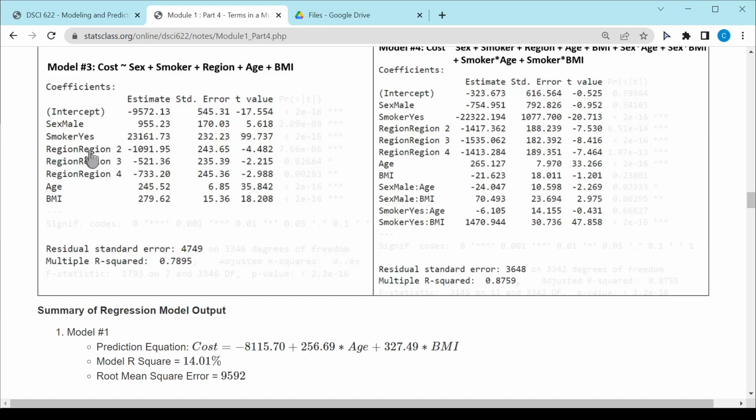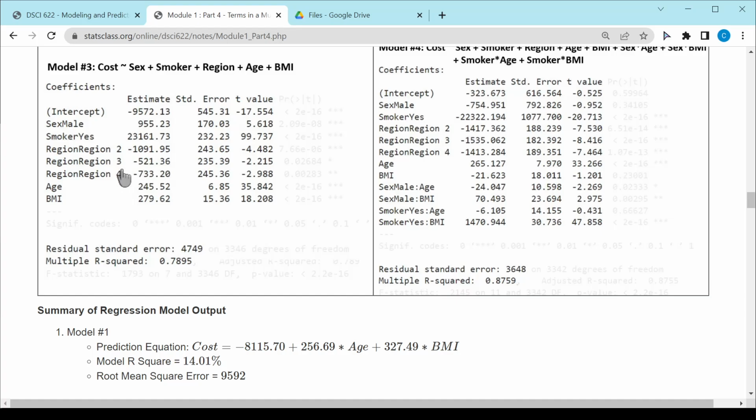Just for completeness, notice that I don't have any region 1 listed here. So again, region 1 was set at the 0 setting for my dummy variable. If I want to make a prediction for region 3, then I'm going to need to subtract the 521.36 here in my regression or prediction equation.